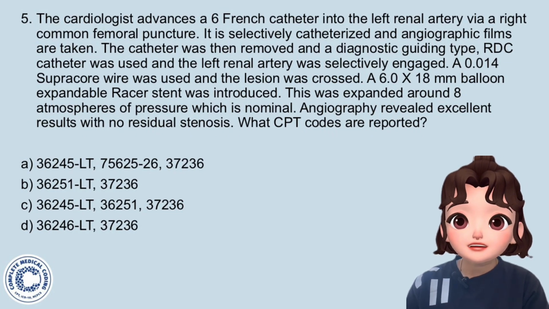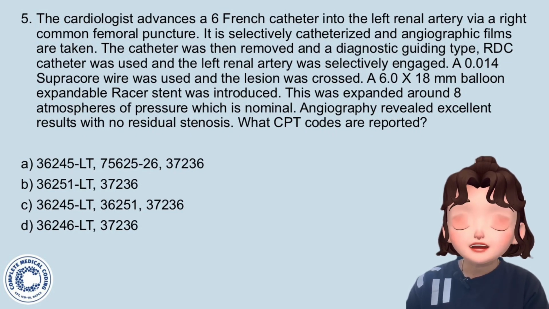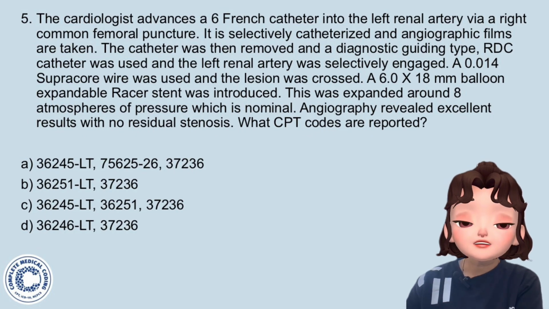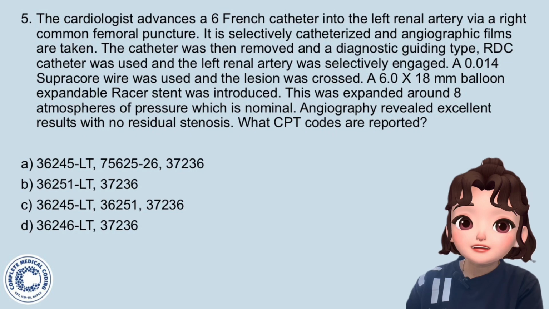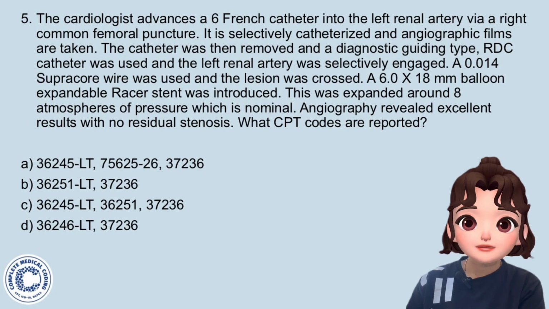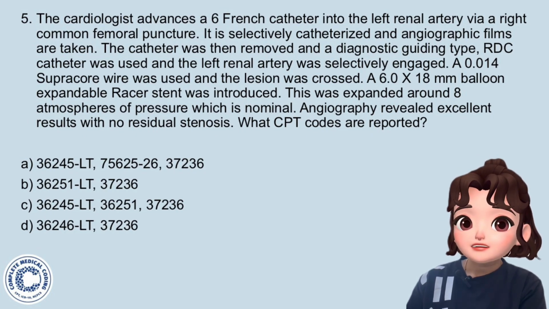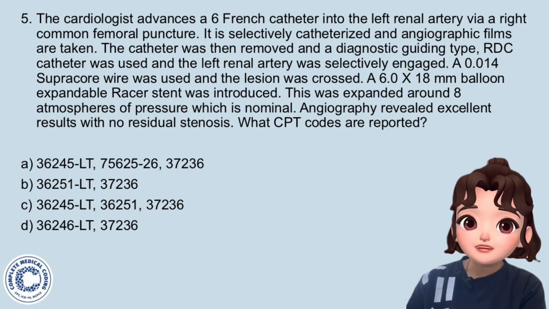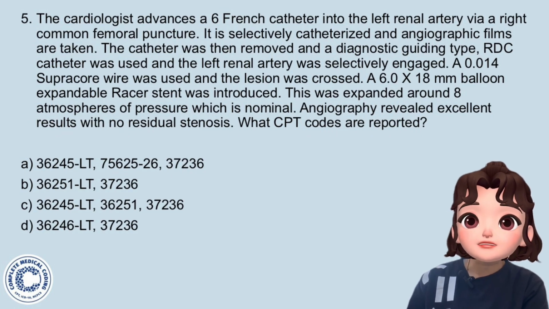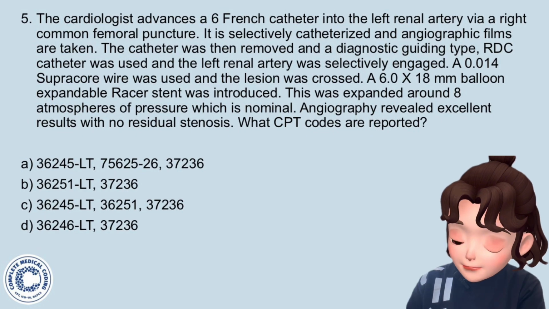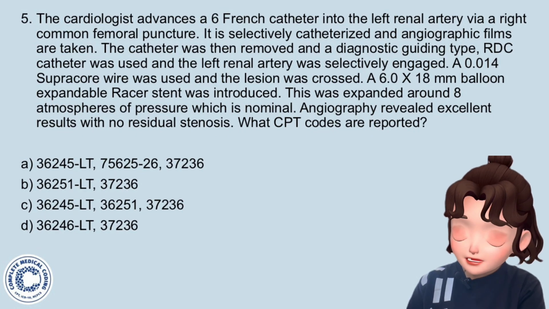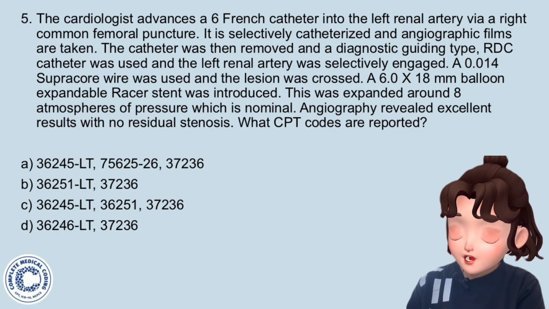Anyway, let's move to the other code in option B, 36251. We have insertion of catheter codes starting 36245, 36246 and 36251. From these three you have to find the answer first. 36245 is selective catheter placement, arterial system, each first order abdominal, pelvic or lower extremity artery.